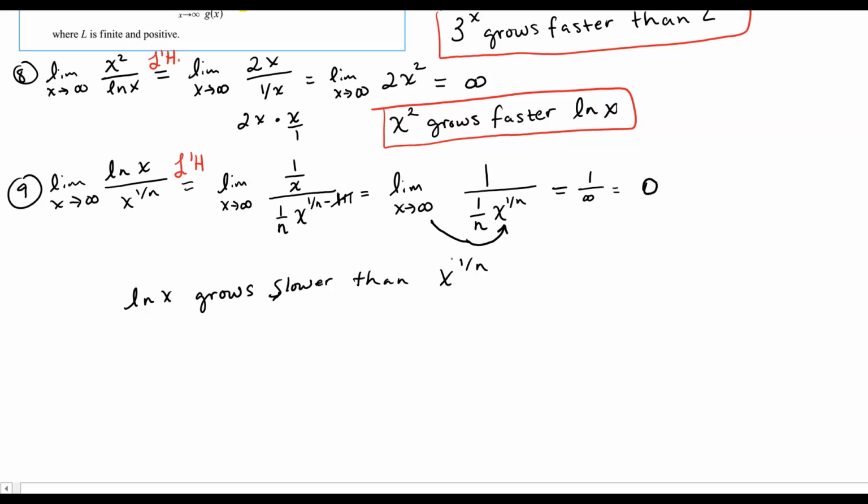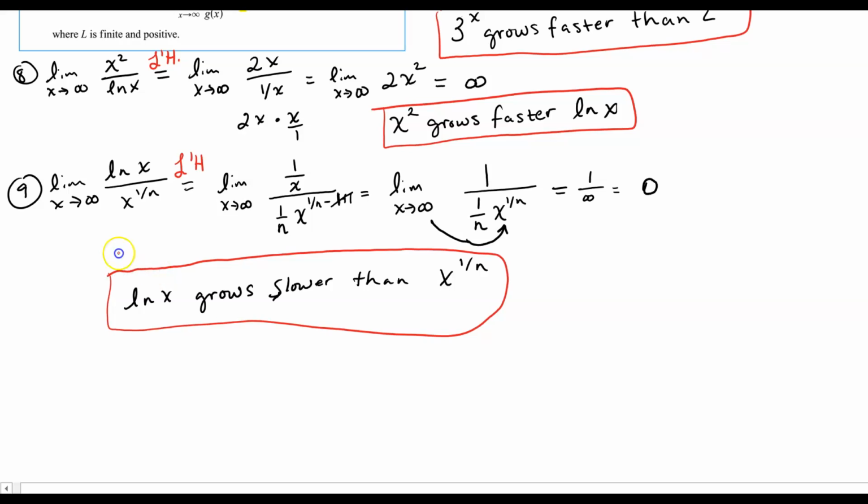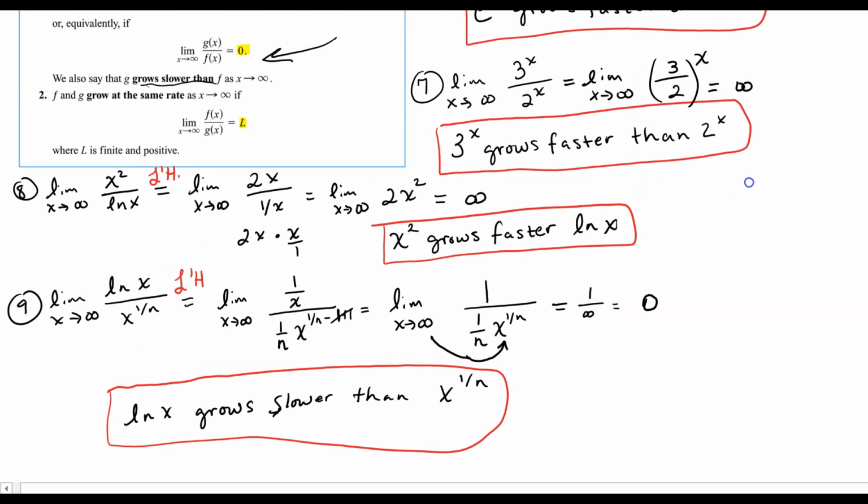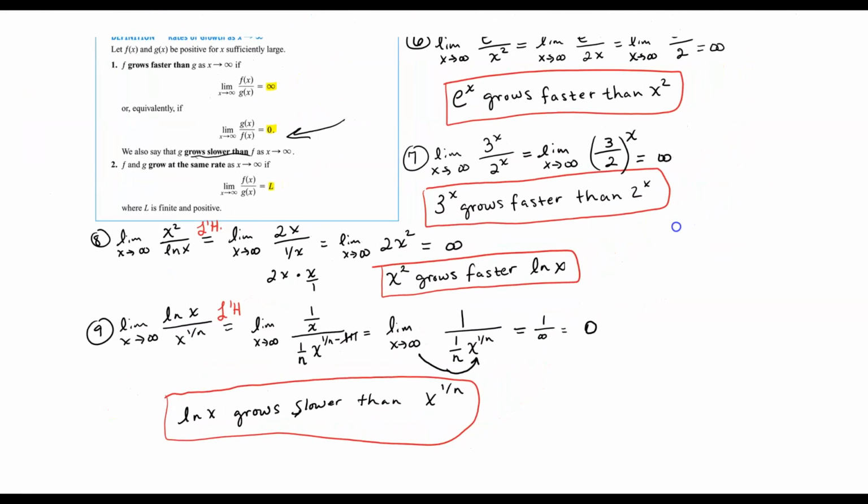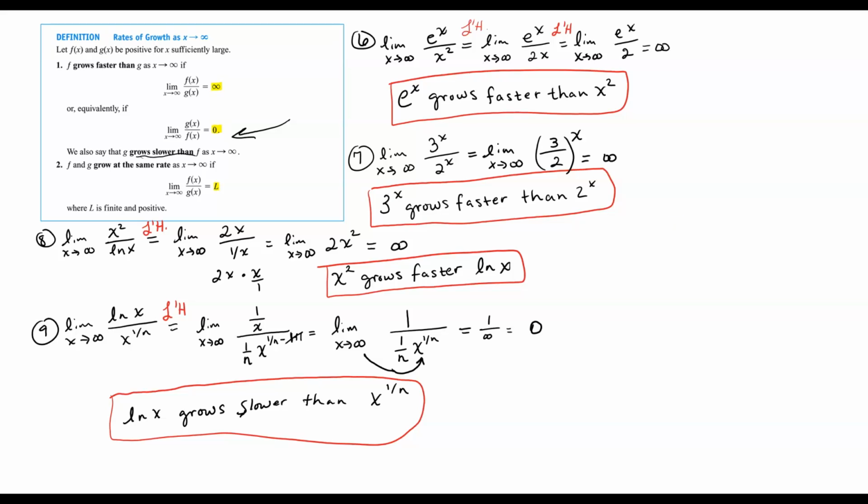So that's what's going on there. That's the answer for this problem. L'Hopital's rule came into play, but really it's all a matter of evaluating the limit as x approaches infinity, and that's the same case for all of these problems here.